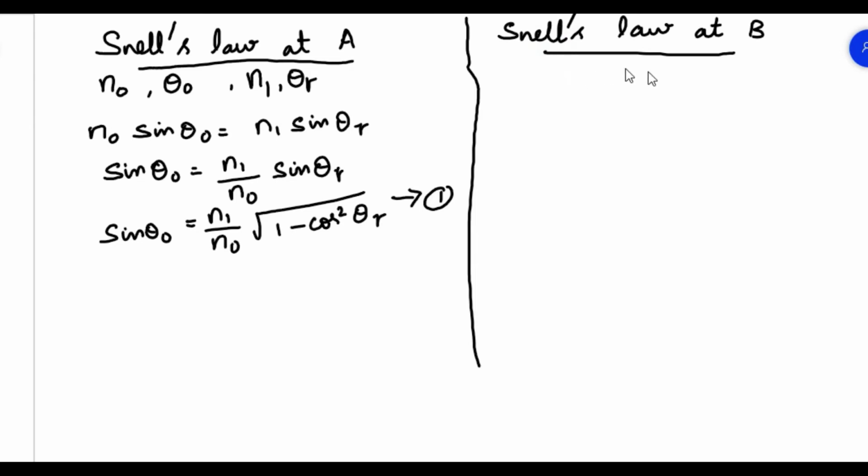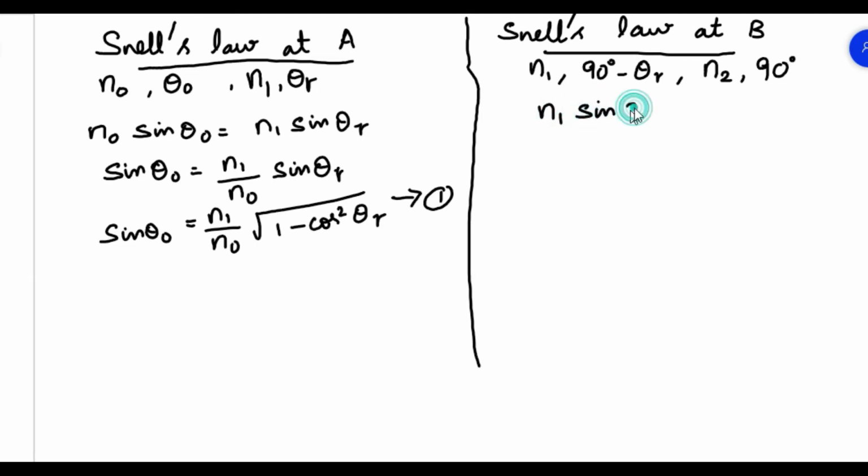Now let us apply the Snell's law at point B. First of all, we'll just write the refractive index notations. N1 is the refractive index of core. 90 degree minus theta r is the angle of incidence. N2 is the refractive index of cladding. And 90 degree is the angle of refraction. This is at the point B. So left side incidence, right side refraction.